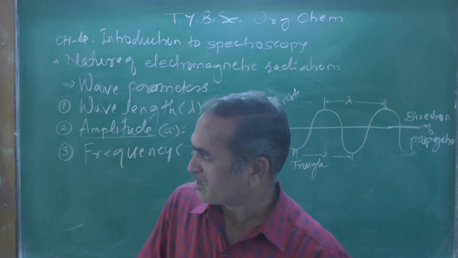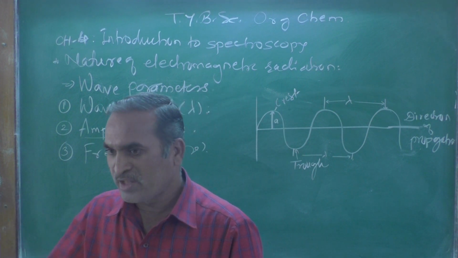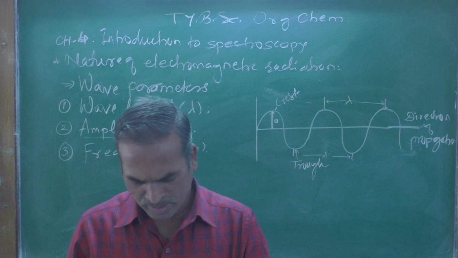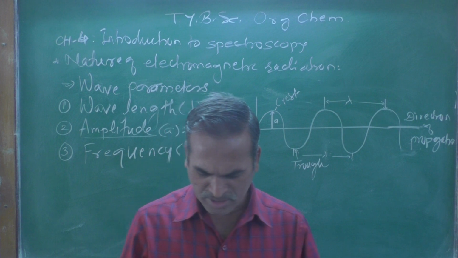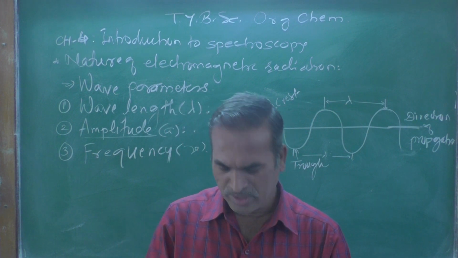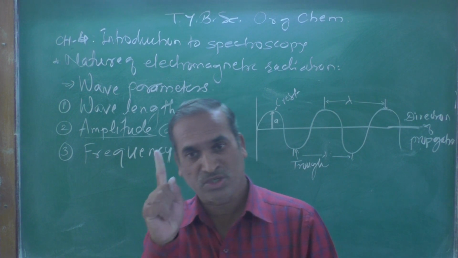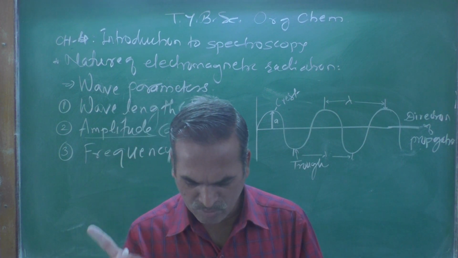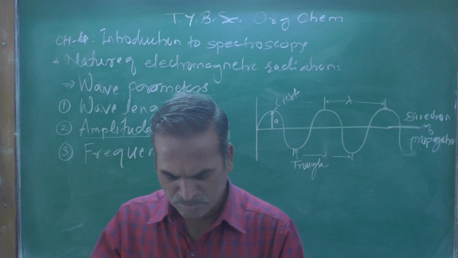How do we define the frequency? Let's see over here. When one oscillation takes place, one wave, that is one trough and one crest, is produced.